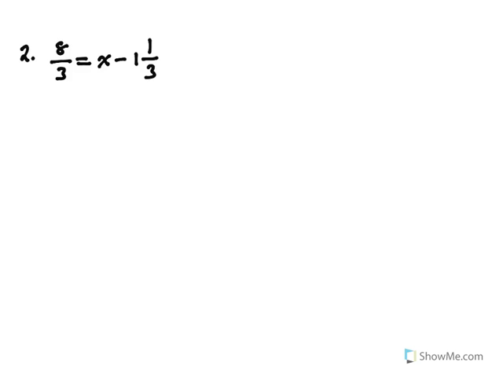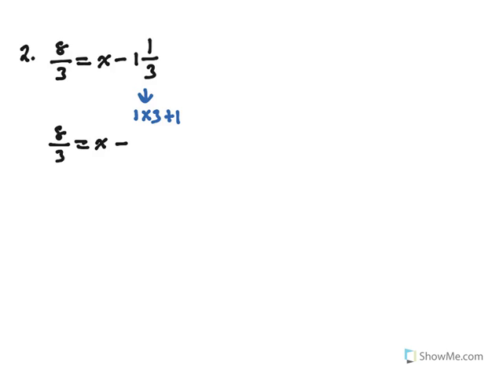Okay. In order to solve this one, I recommend that you convert any mixed number to an improper fraction. We do that by multiplying the whole number with the bottom number and then adding the top. So we're going to replace that 1 1/3 with an improper fraction.